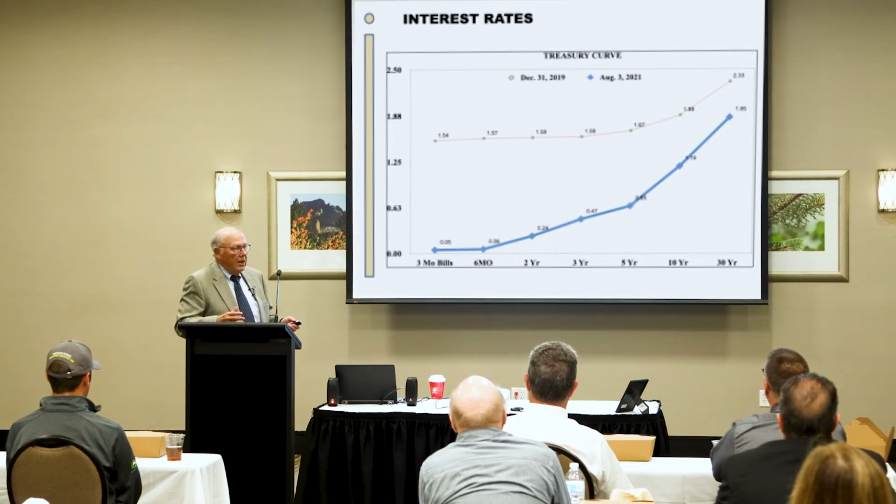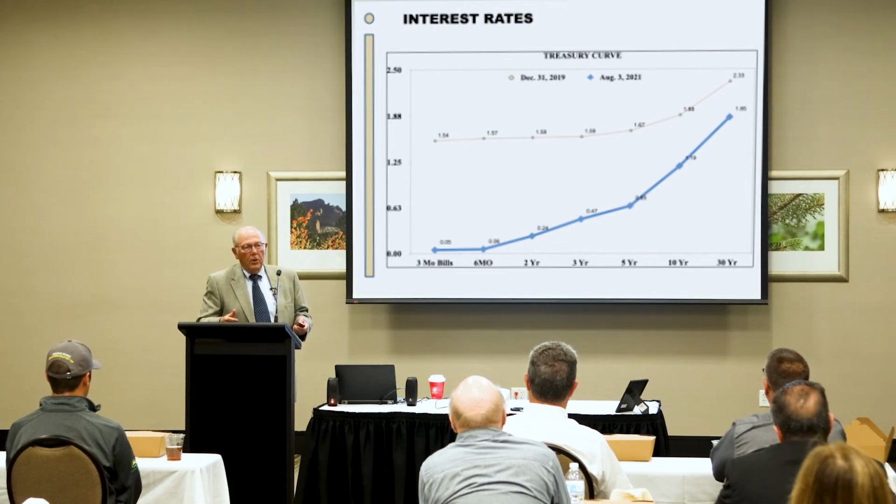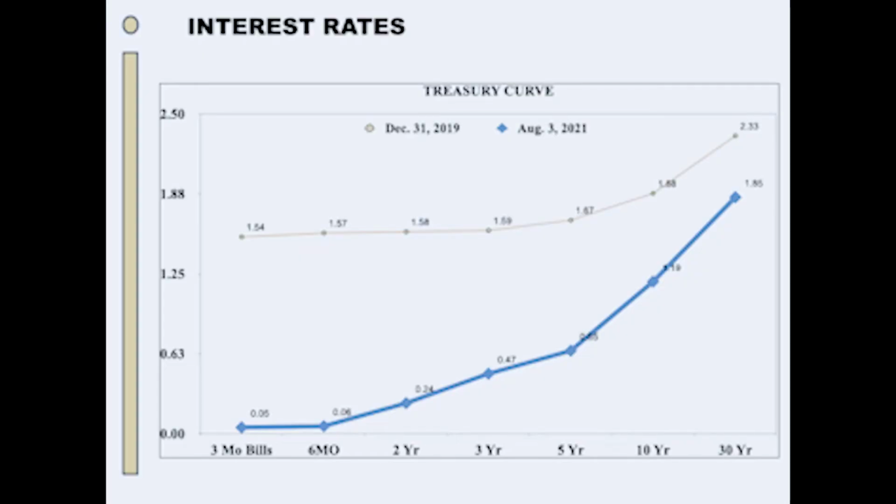Obviously the biggest drop in interest rates occurred in the short end of the curve, when we got down to 3-month Treasury bills at 5 basis points in yield, for example, and you got what is called a steeper yield curve. But all rates were lower in August of this year than they were in December of 2019.